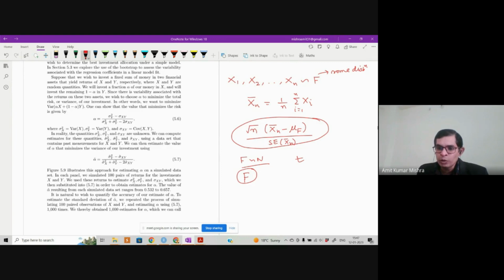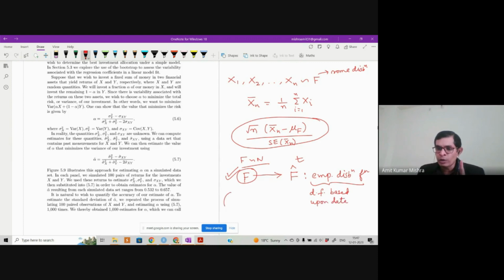So if you do not know anything about F, what bootstrap is actually doing is replacing this F by one of its estimates. And what is that estimate? One of the estimates is the empirical distribution function. Empirical distribution function means distribution function based upon data.